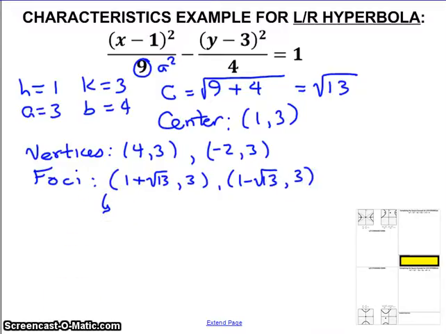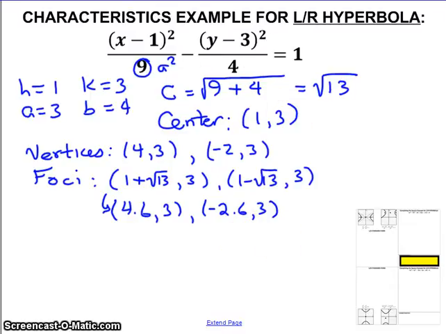The approximations for those are, let's see, 4.6 comma 3 and -2.6 comma 3. Okay, so these would be all of the characteristics that we pull from the standard form here.